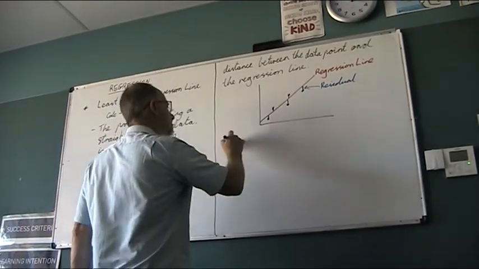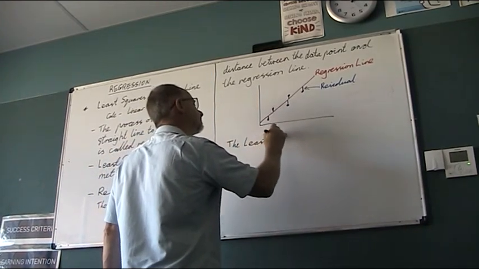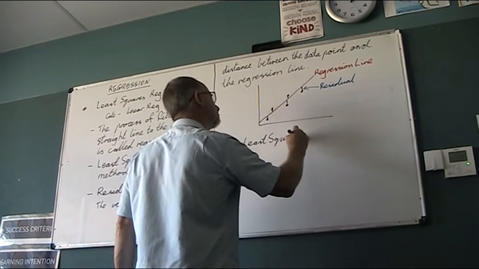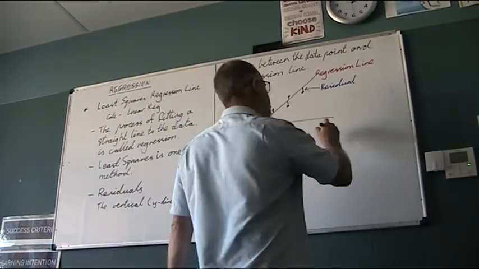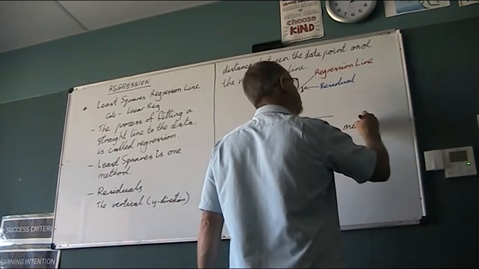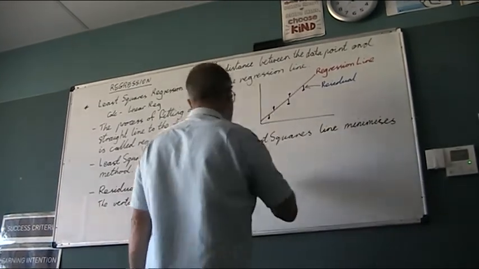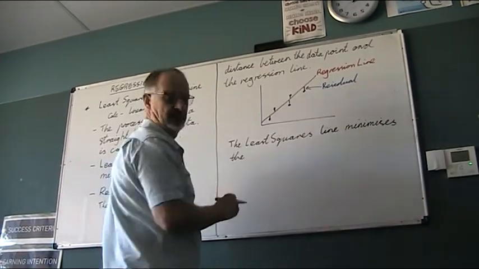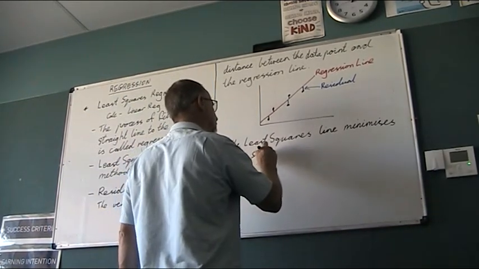So the least squares line minimises the squares of the residuals.